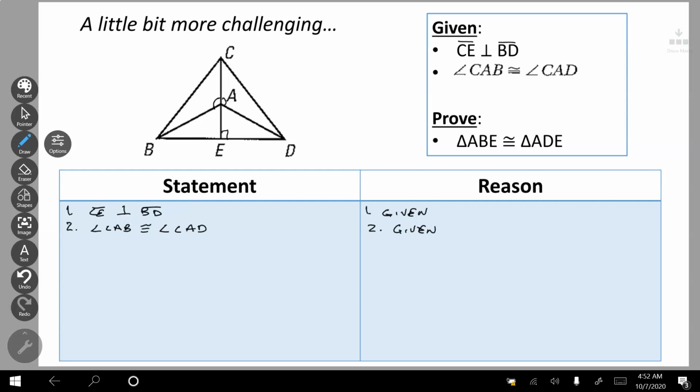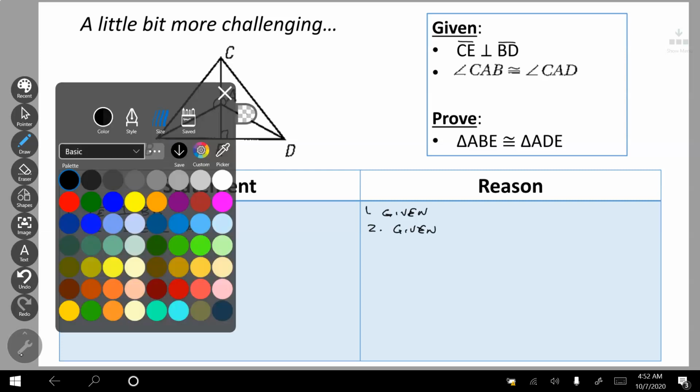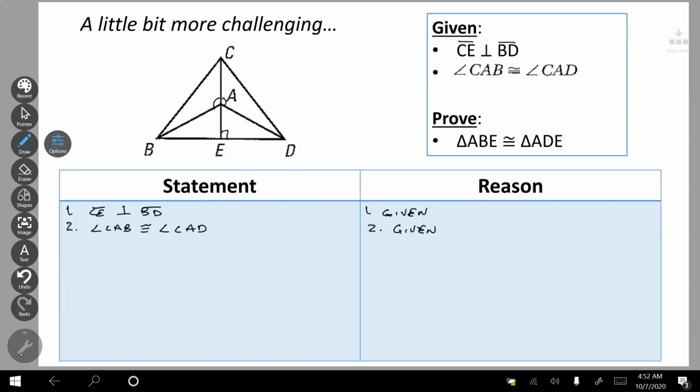Now we're going to get a little bit more complicated, so you guys really pay attention to what's going on here. These two angles added together, so I'm talking about this angle right here, being added to the original one.